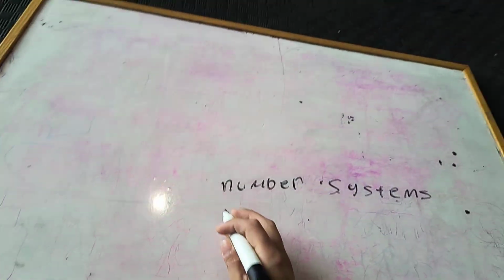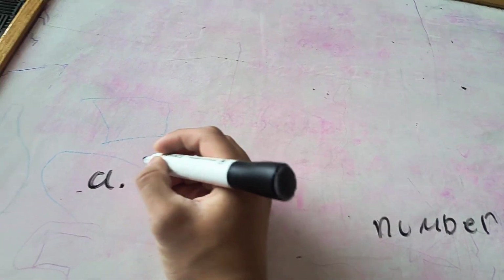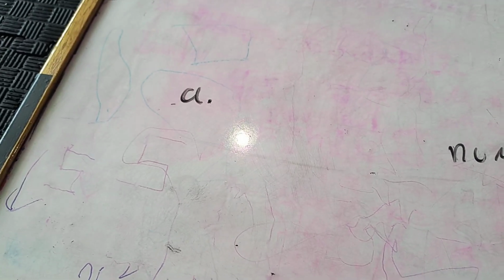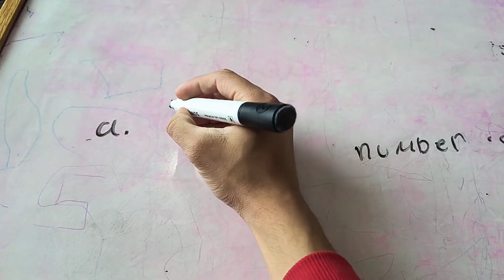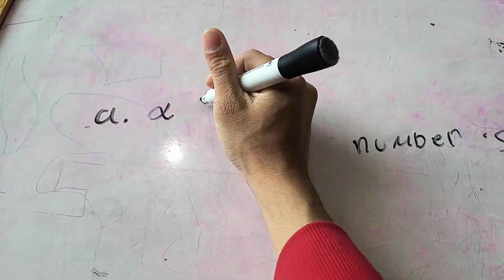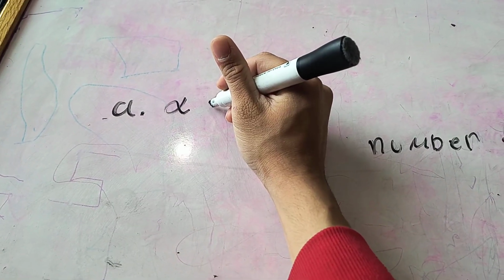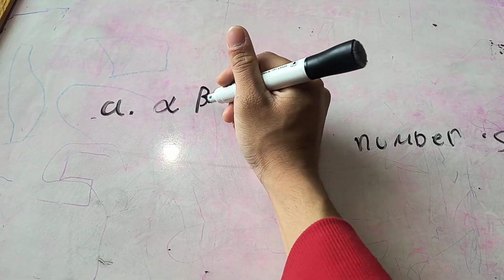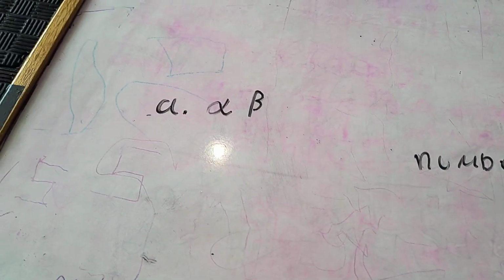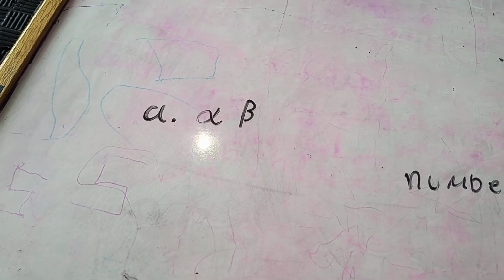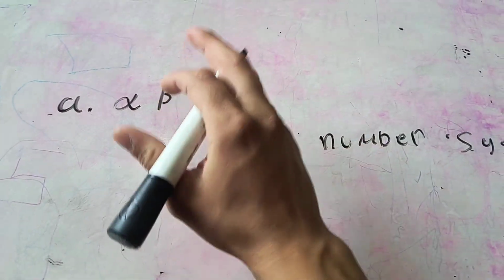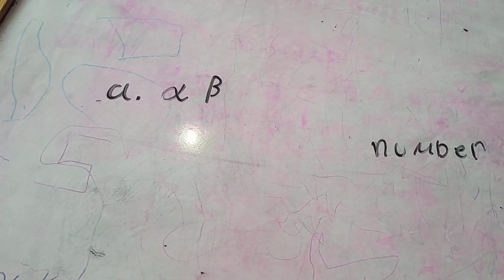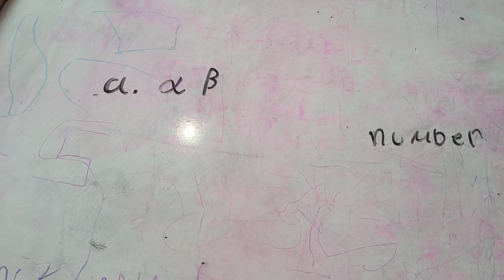We're going to split these up into groups. A: for every pair of numbers, say alpha and beta, in K, there corresponds a unique number. Unique meaning there isn't another such number in this system.